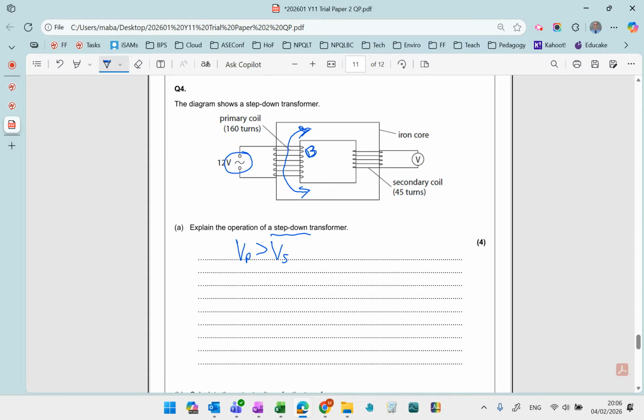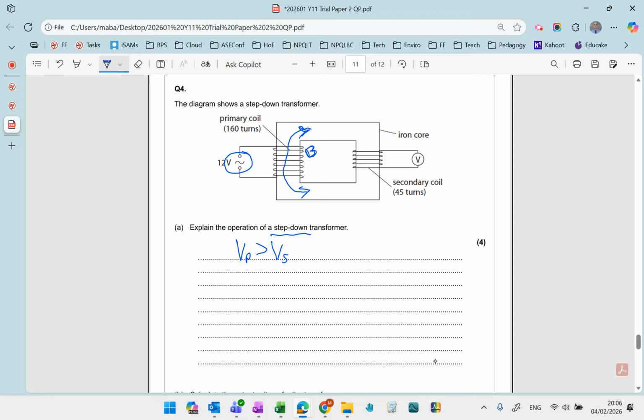So we can't use the word induced for that. You can use the word causes. So you can say the AC current in the primary coil causes an alternating magnetic field in the core, or a changing magnetic field in the core.